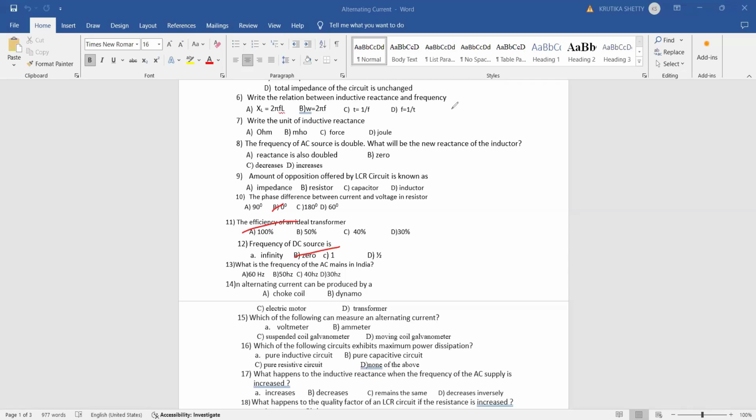C. Yes. So the AC generator will give you an AC current.